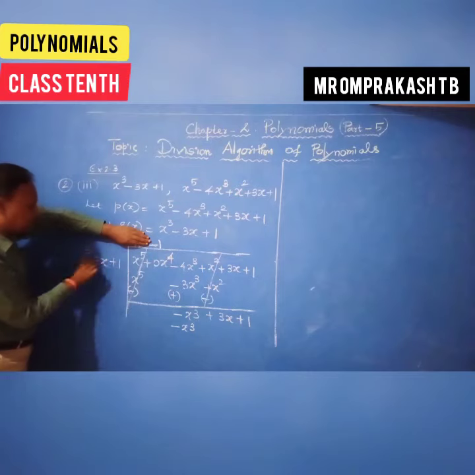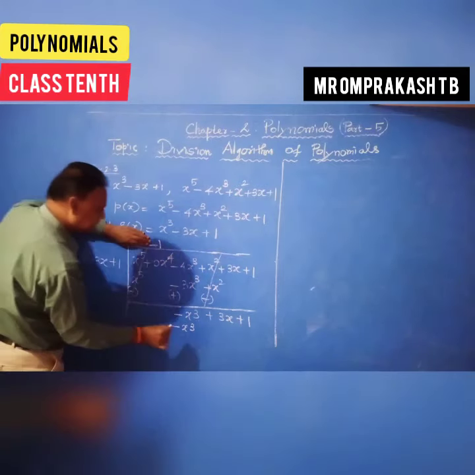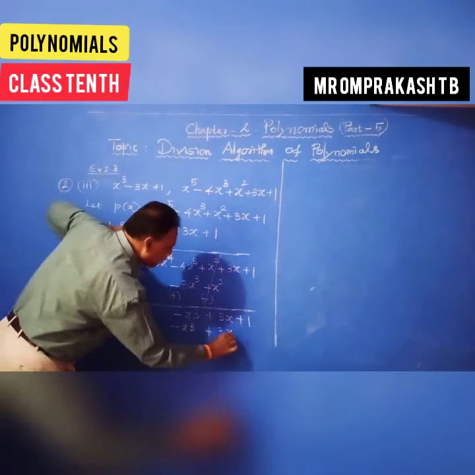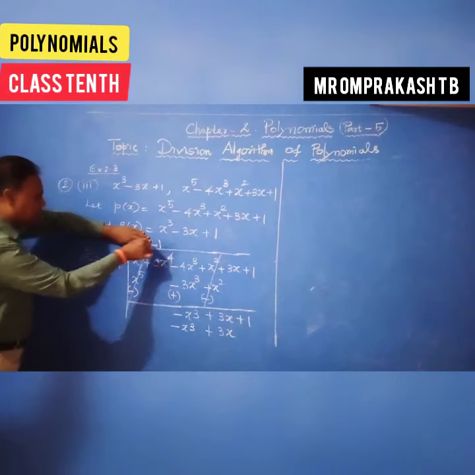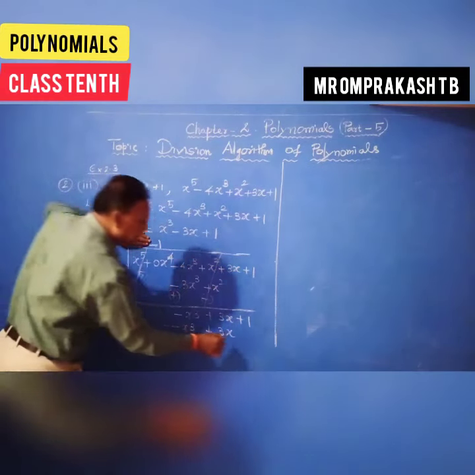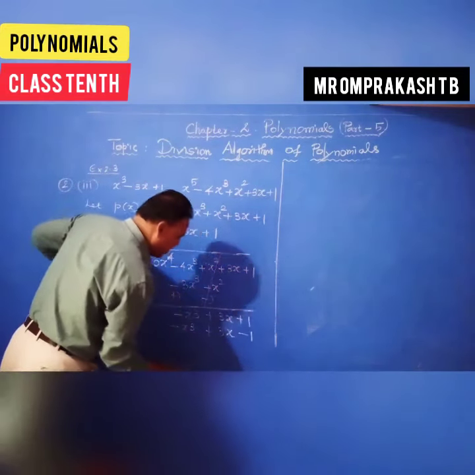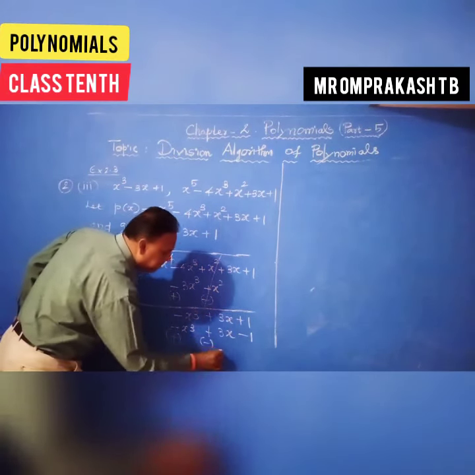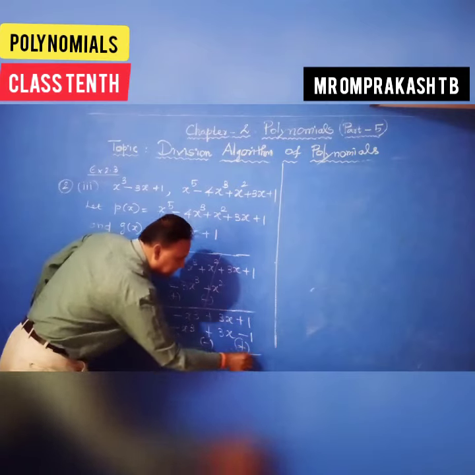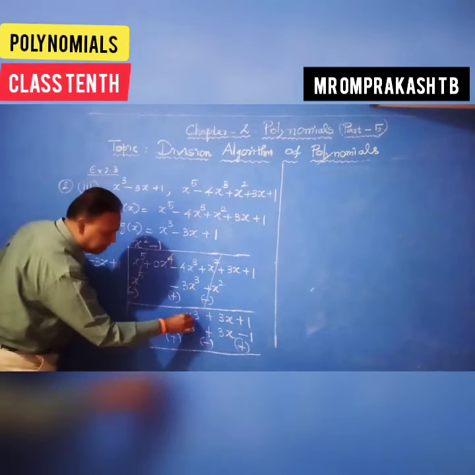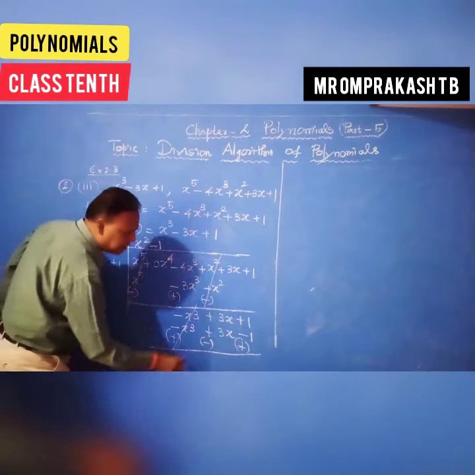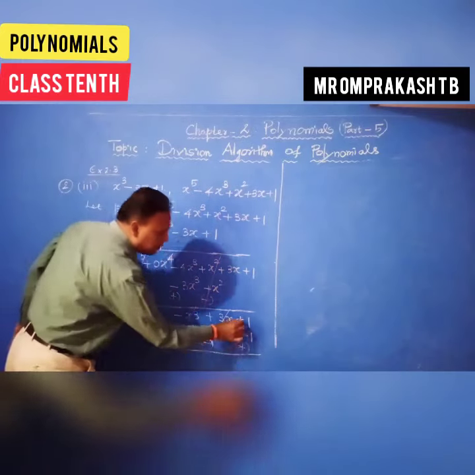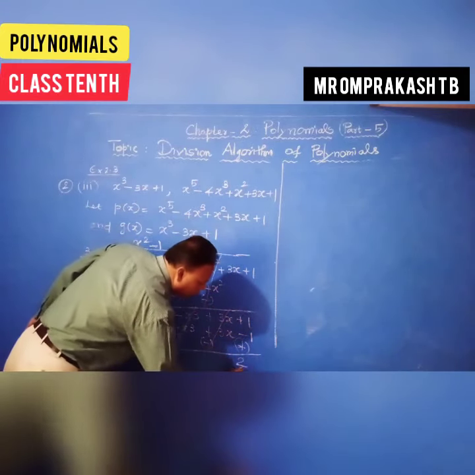Minus into minus, plus 1 into 3x, plus 3x. Then minus 1 into plus 1 is minus 1. Now subtract, means change the sign. Now this will be eliminated, this also eliminated. So plus 1, 2.